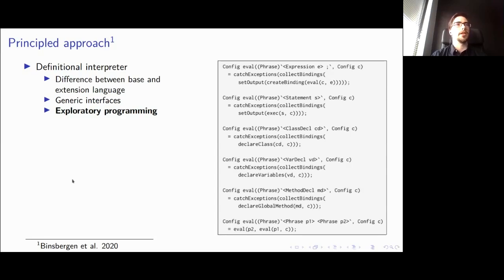On the slide, you see an example of an extension on mini-Java, which is a subset of Java. And this extension adds to mini-Java the requirements to support REPL type programming. And for example, the set output comes from the mini-Java definitional interpreter, and that is then used by the extension language interpreter as well.